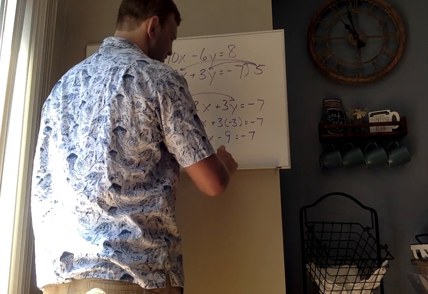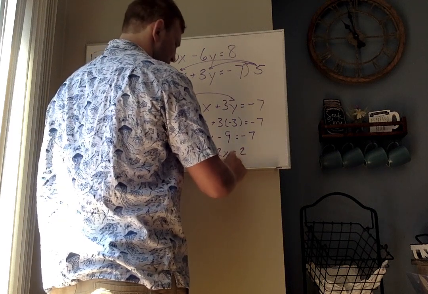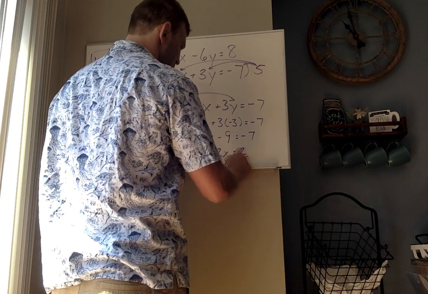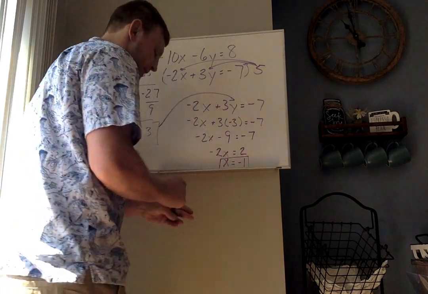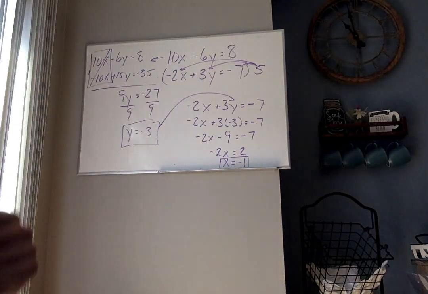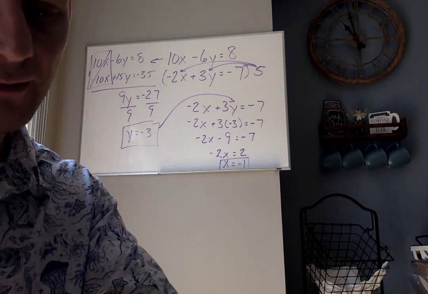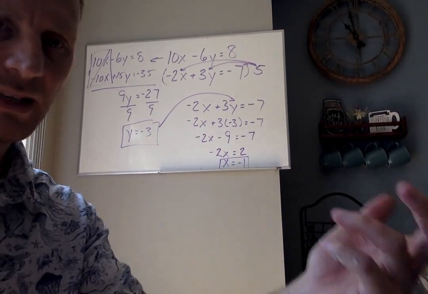Add 9 to both sides, so I have negative 2x equals 2. And x turns out to be negative 1 after I divide both sides by negative 2. So my answer would be negative 1 and negative 3. And that's how you do it.